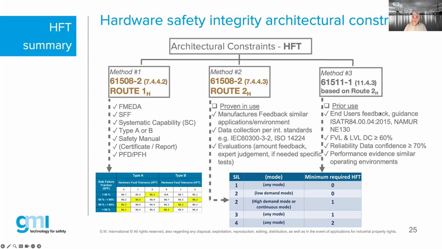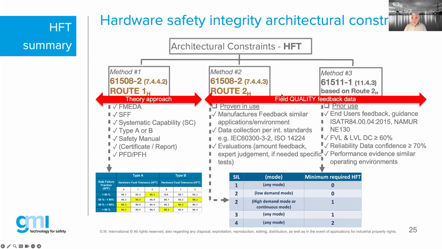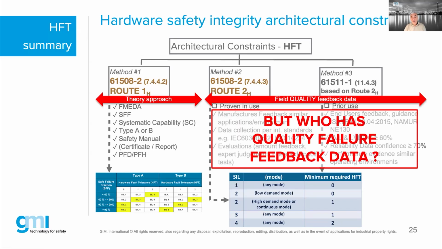So let's summarize and let's keep on moving. Theory approach is Road 1H. Field quality feedback is needed for both proven and prior use. The big question is, who of you out there have good quality feedback data?